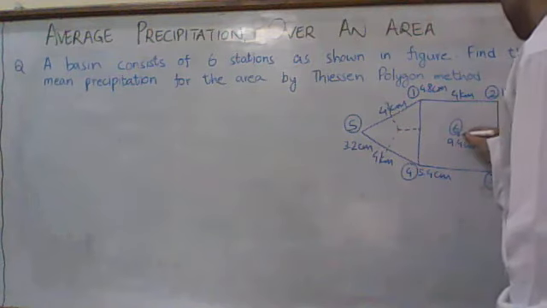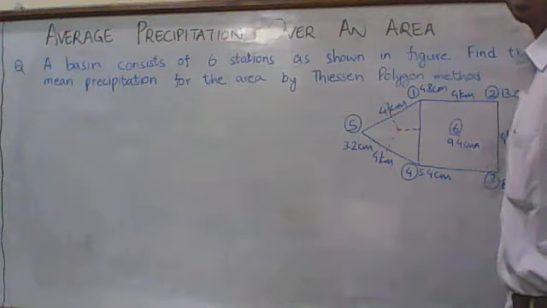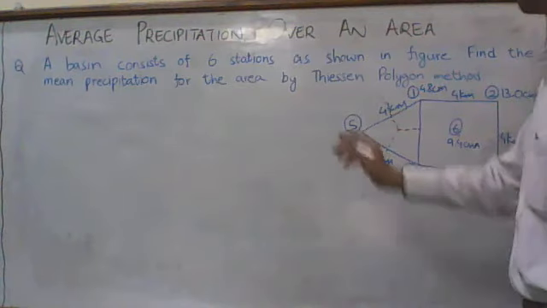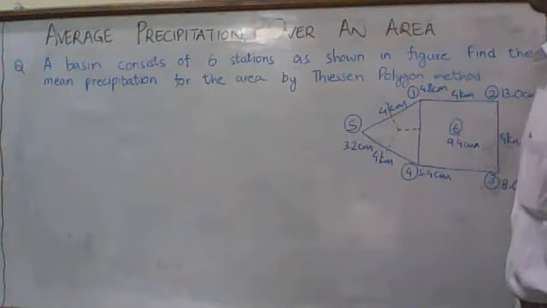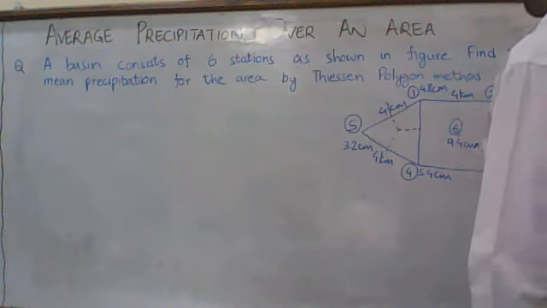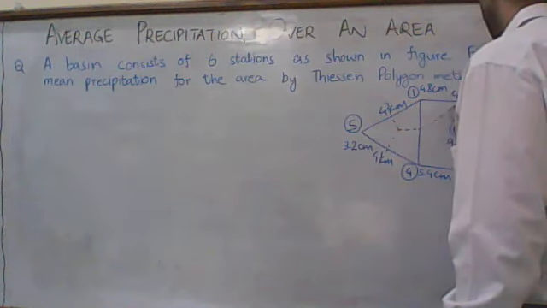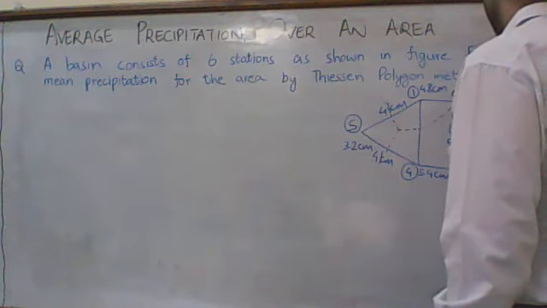Now, again there is a station at the center over here. How to find the influence areas? Because we have to solve this using Thiessen polygon method, so we will have to find the influence areas. So in this case, we will have to divide it like this.